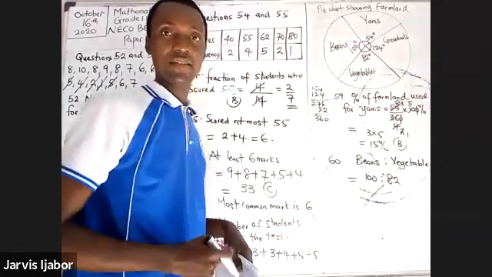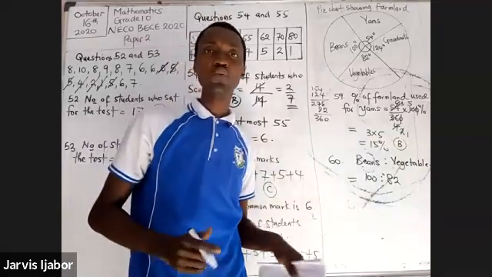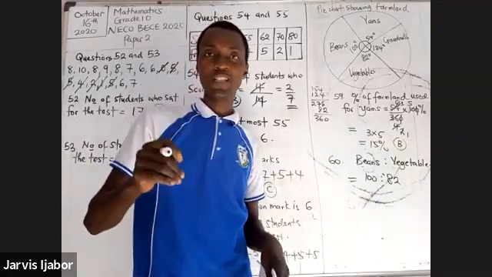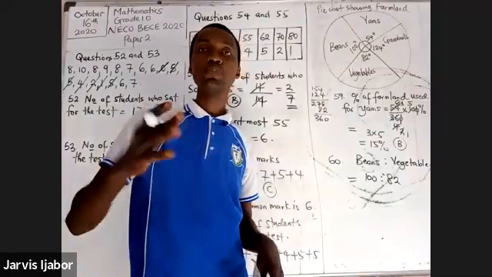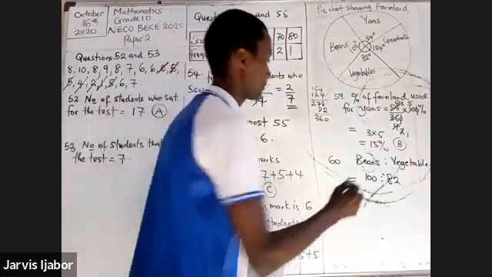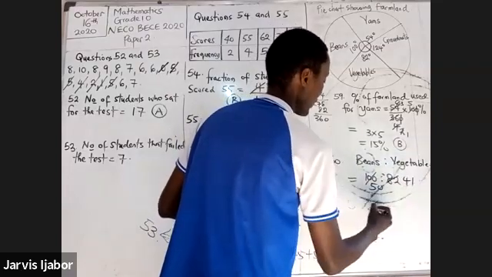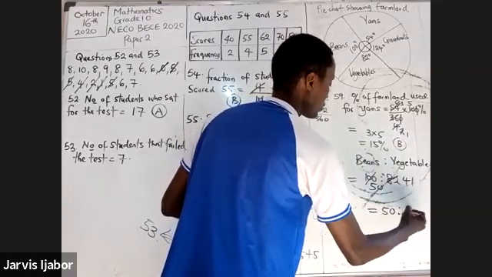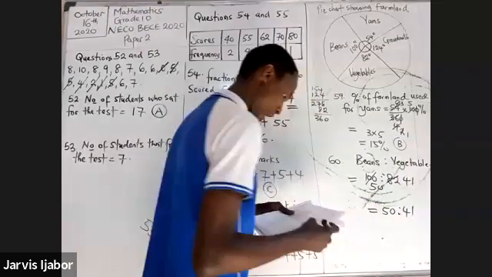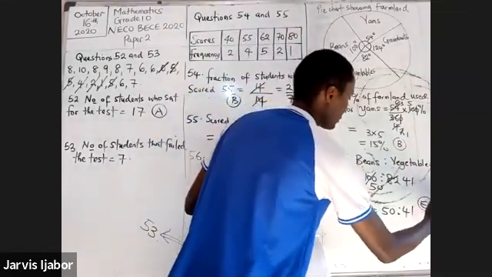What can divide this? Clearly looking at that, you see that they are both even numbers. So we expect that 2 should be able to divide them. So 2 here will give me 50. 2 here will give me 41. The answer becomes 50 is to 41. And that option will be E.